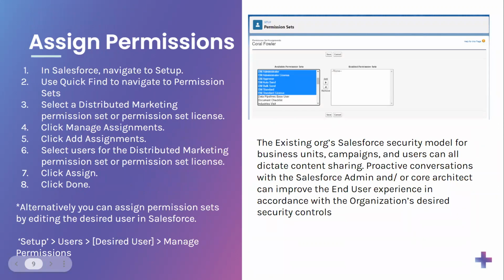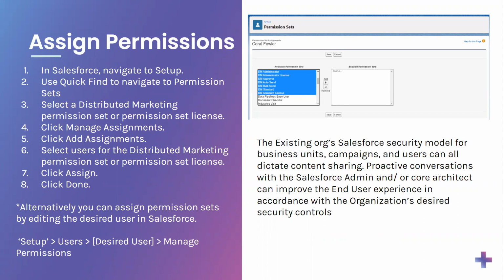Moving on to permissions, it's important that in discovery, you identify who will be the distributed marketing admins, as well as who will serve as the distributed marketing end users. Keep in mind that they do consume two different license types. You can assign permissions by navigating to permission sets in CRM and managing permission sets there, or via setup, editing the desired user directly.